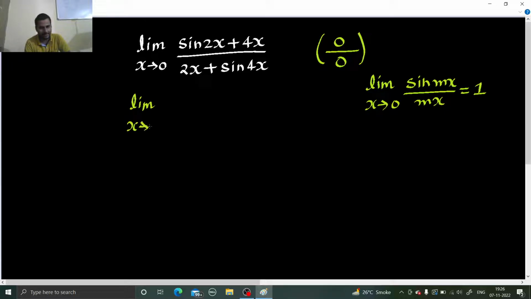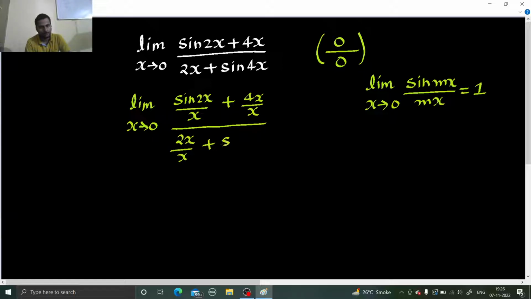So limit x tending to 0, we can do this like sine 2x by x plus 4x divided by x. Same in the denominator: 2x by x plus sine 4x by x.